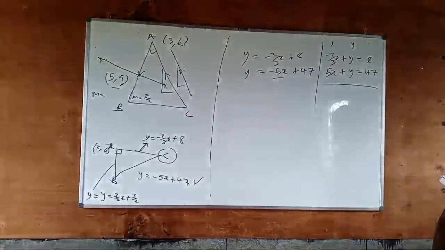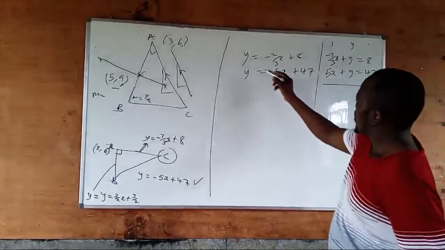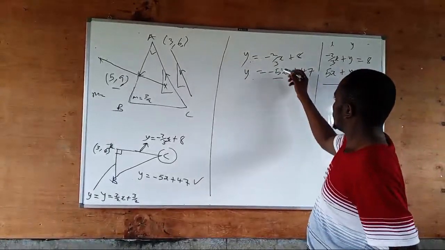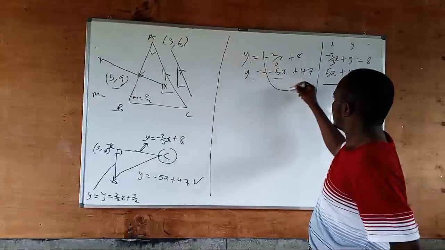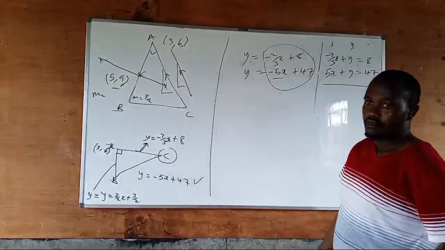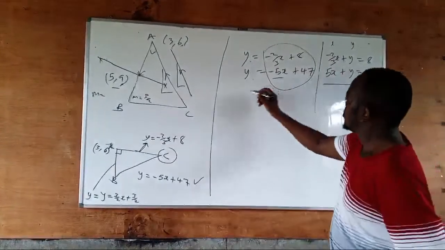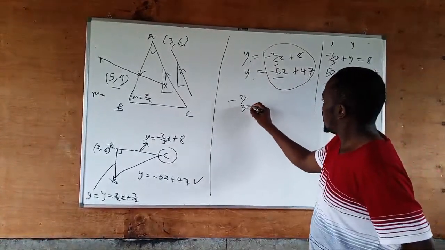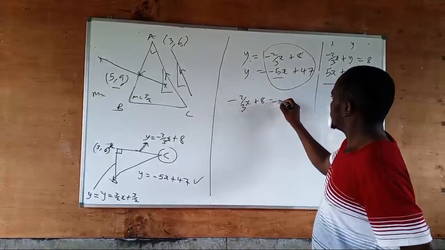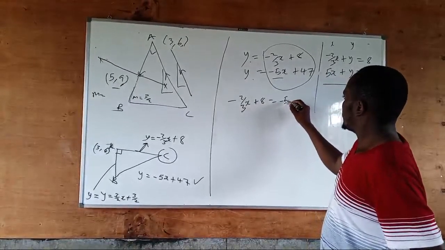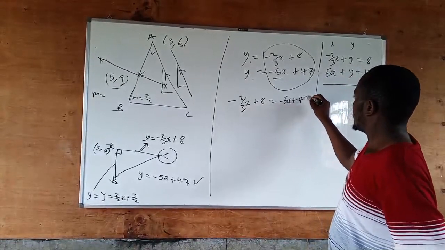So for Joyce, just like when I say my y is this and also y is this, you can also equate these two. Here in elimination, you just say negative 2 over 3x plus 8 is equals to negative 5x plus 47.